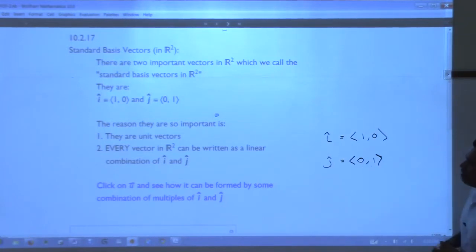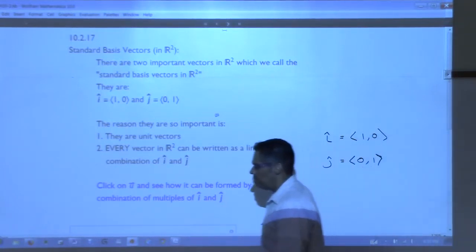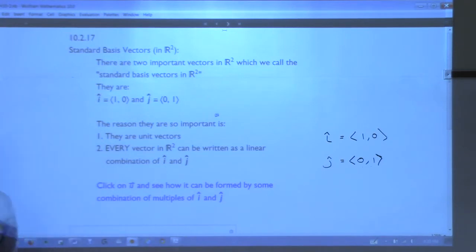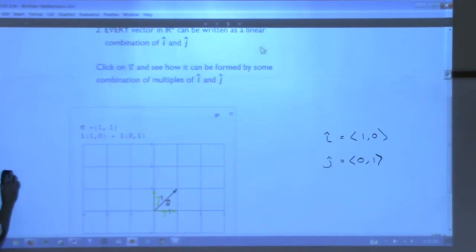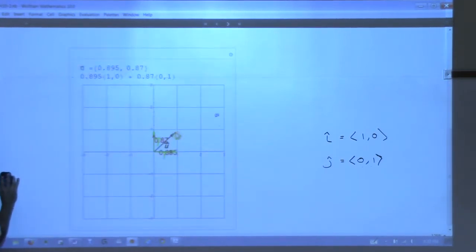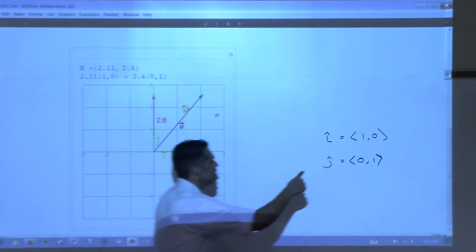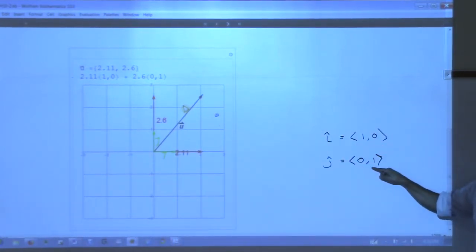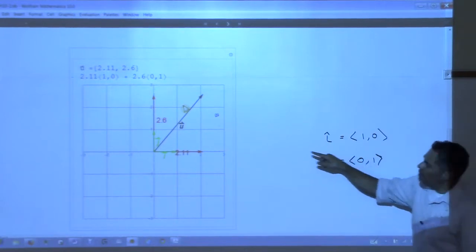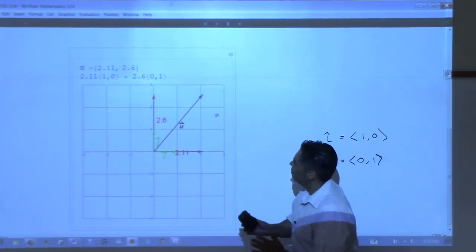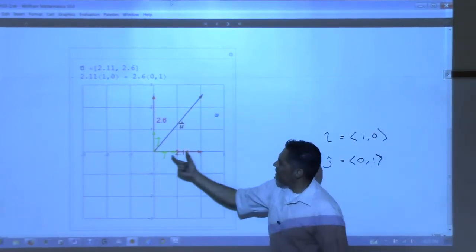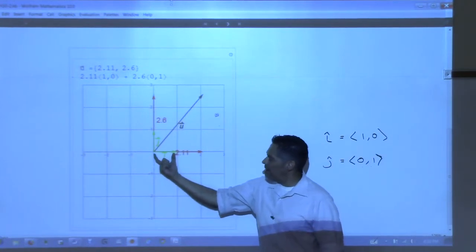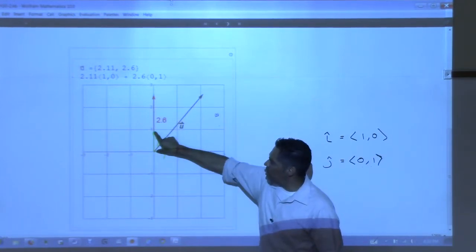The reason these are called standard basis vectors is that every single vector out there in two-dimensional space, every vector that you can ever come up with, is always just this vector scaled plus this vector scaled. So if I want to create this vector u, this is i hat, I know it's hard to see, and that's j hat.